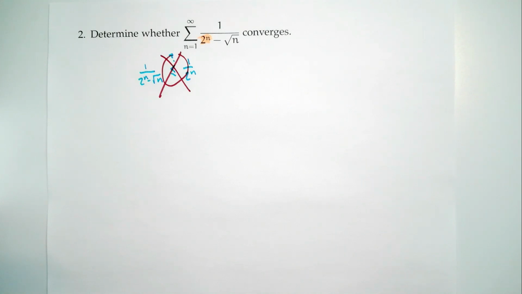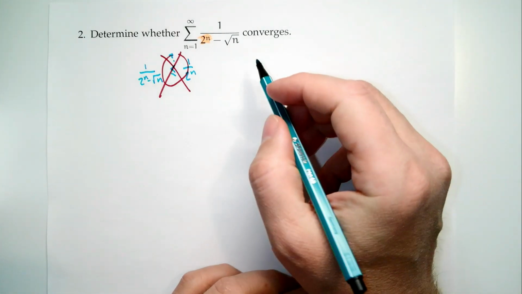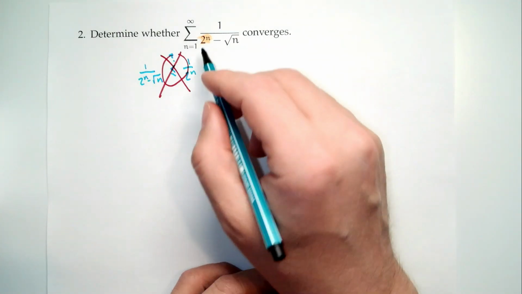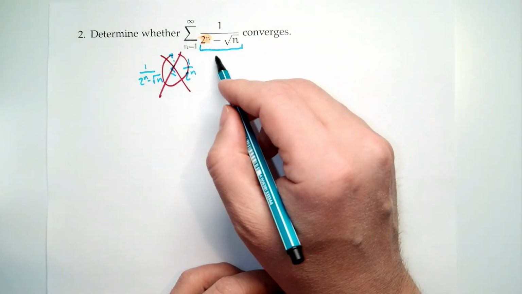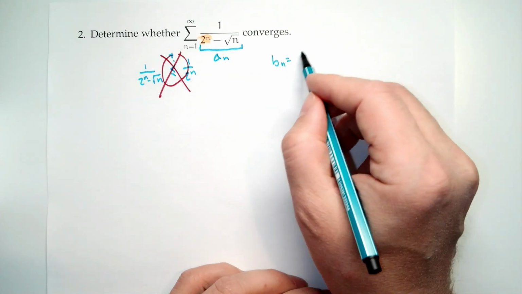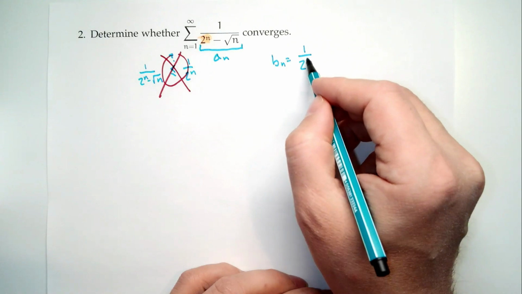It's hard work. Hard work. So, well, what can we do? Well, anytime we have a comparison test, we can almost always use a limit comparison. In some sense, limit comparison is the better test. So, how do we do limit comparison? If we think of this as our a sub n, then we let b sub n be the parts which have the biggest pieces.